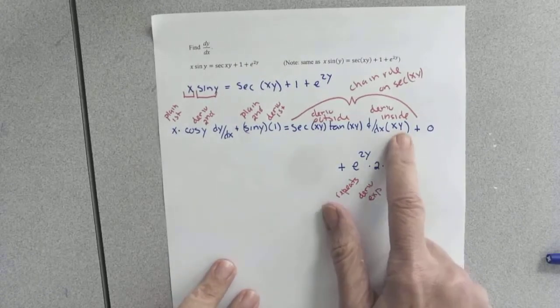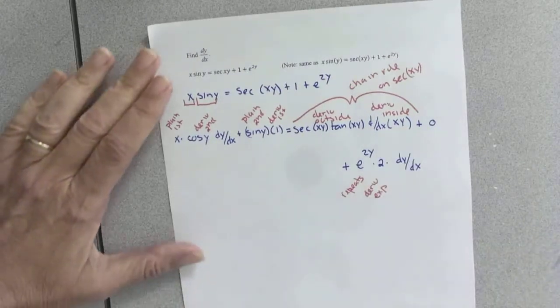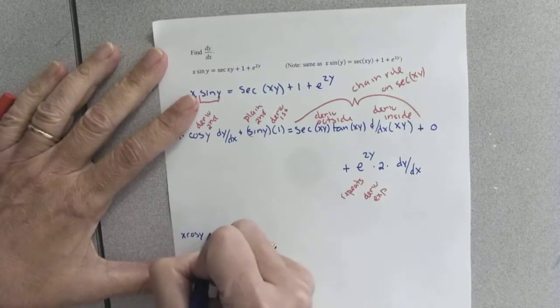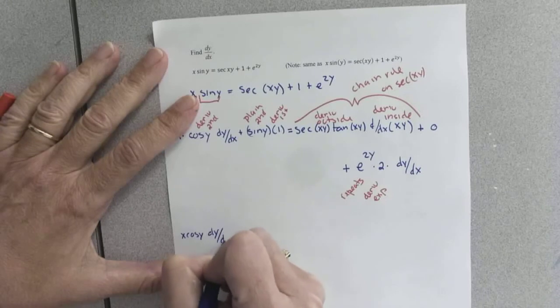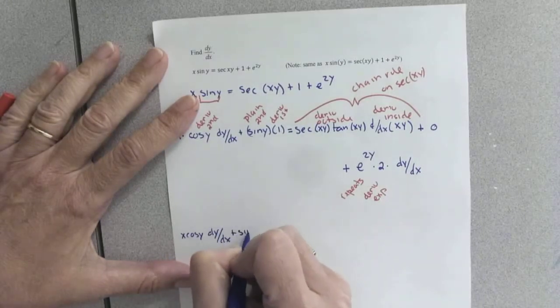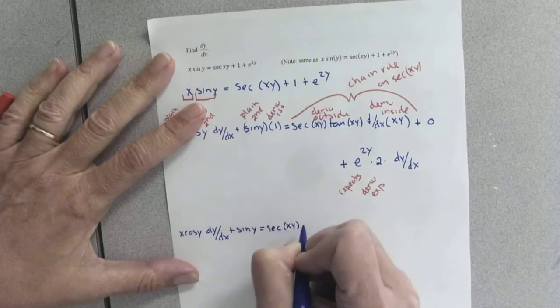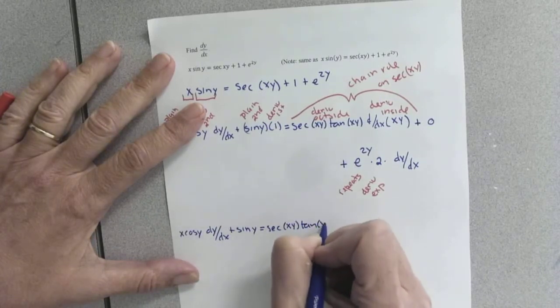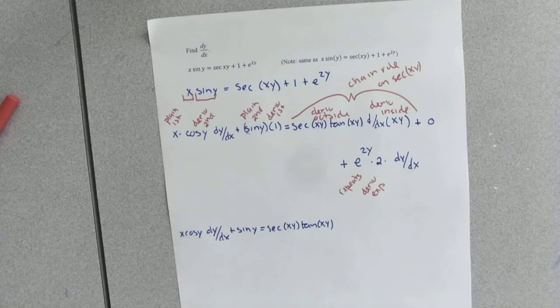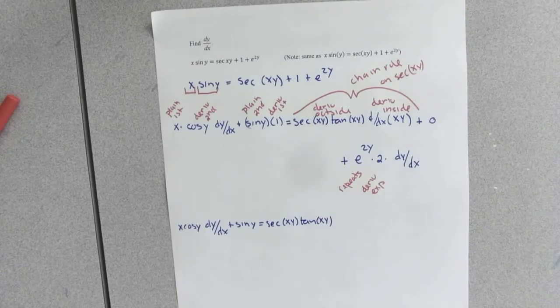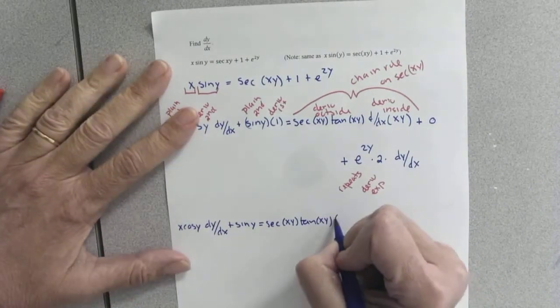Now I still have a derivative to do right here. So let's keep working on it. Basically just copying this first stuff down, and trying to write small enough to get it on here. Then I come up to this derivative right here, derivative x times y, another product rule.